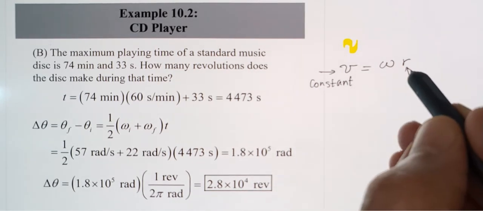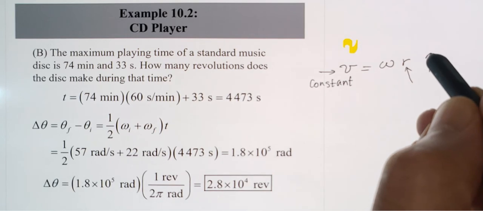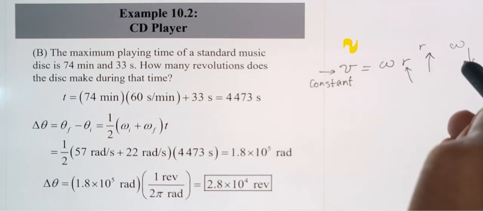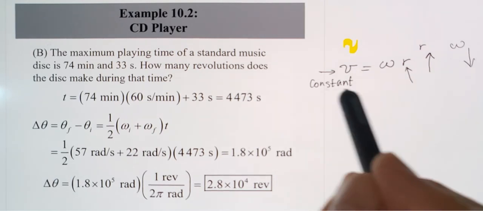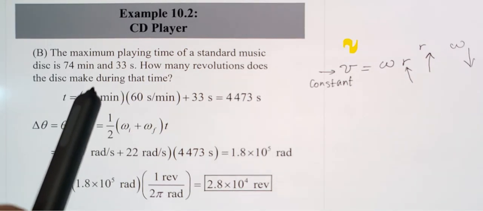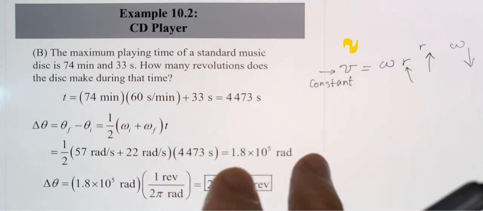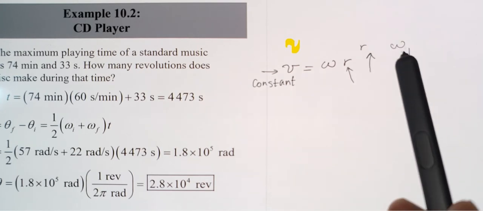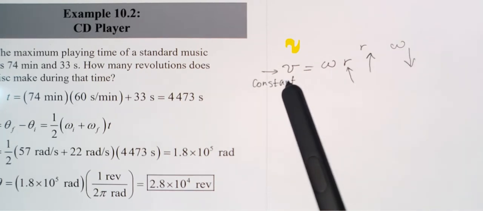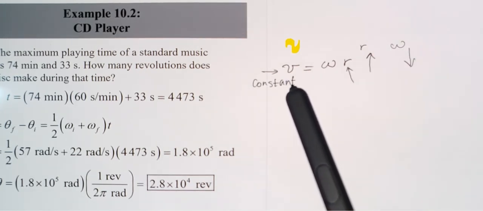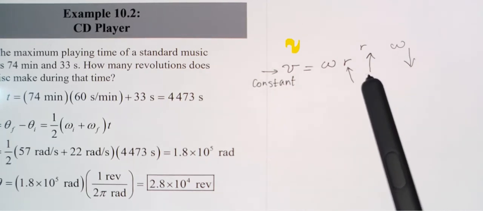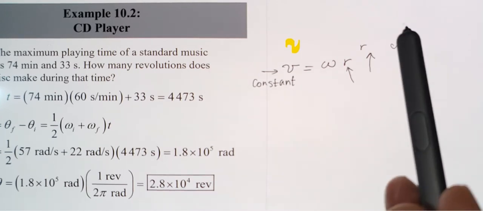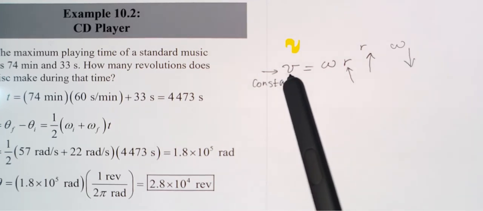That means if R goes up, omega has to go down to keep V constant. So at the outermost, R is large, so omega has to go down to keep V constant. If we are reading at the innermost, R goes down, so omega must go up to keep V constant.